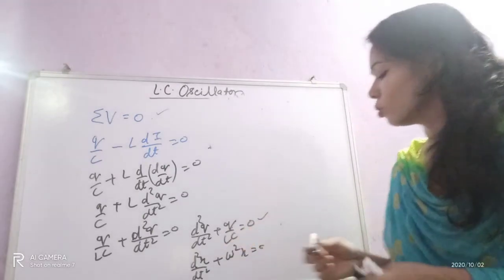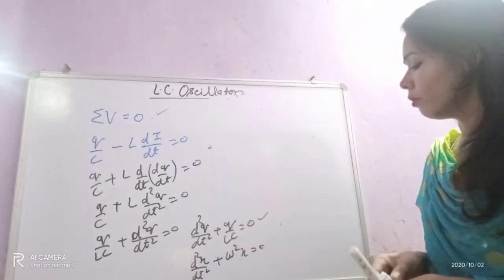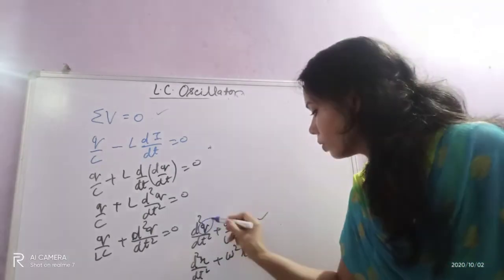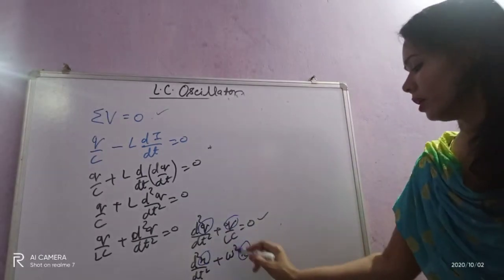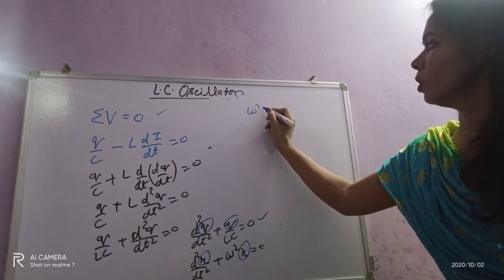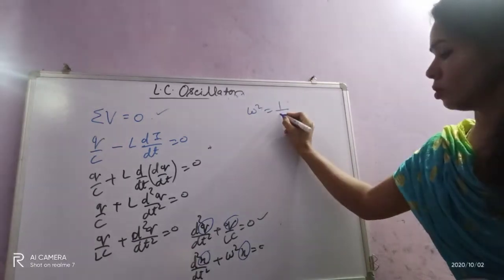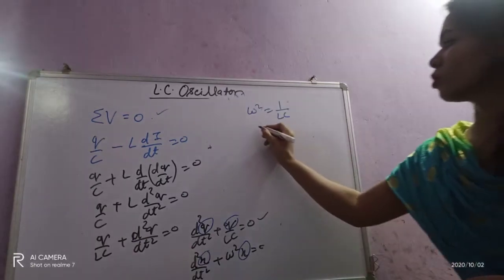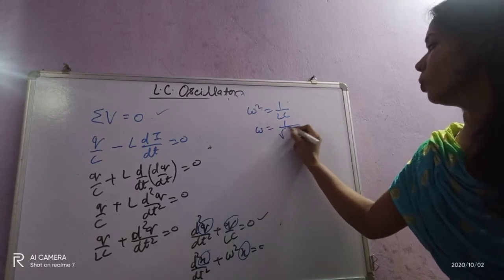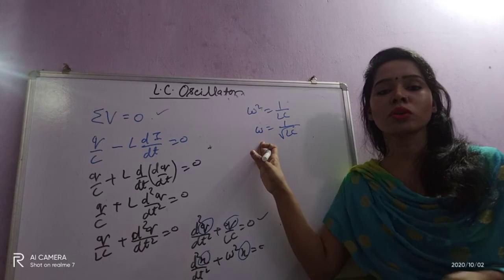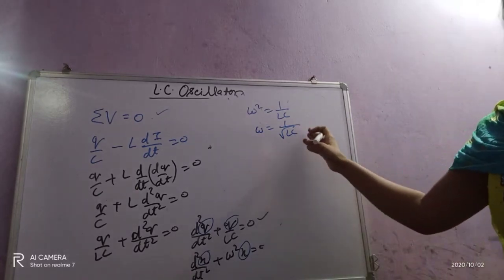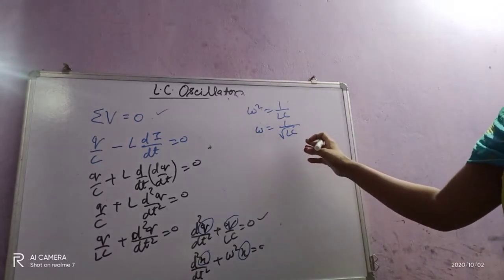Now comparing these two equations, what will you find? Q corresponds to x. Now you can compare: omega square equals 1 by LC, so omega equals 1 upon root LC. The angular frequency of this oscillator is 1 upon root LC. Understood?